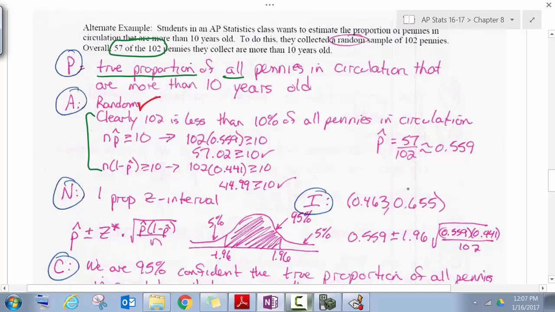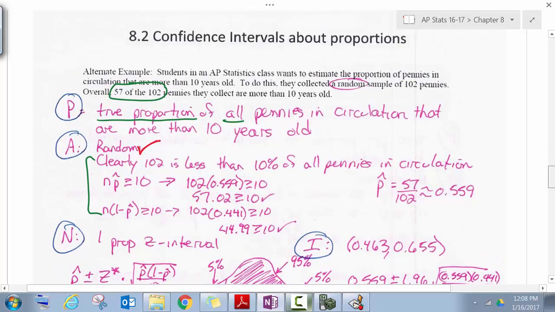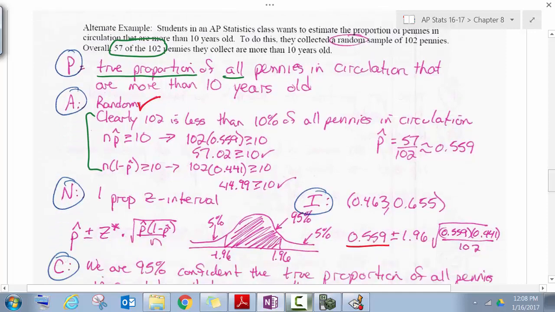Our interval. Alright, so now really what we're just doing is we're plugging numbers into this formula. P hat is 0.559. Z star, this is where we had to find our critical values. Our middle 95%. Now, it didn't say what confidence level we wanted.